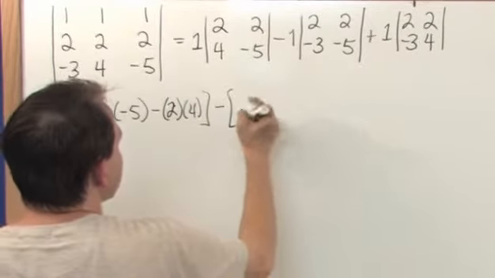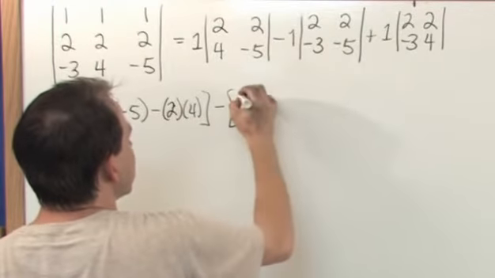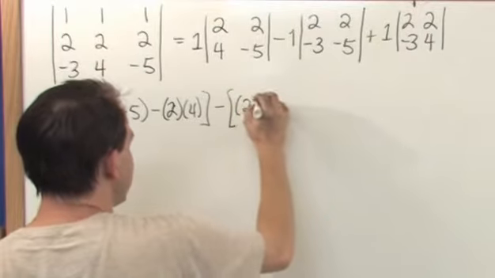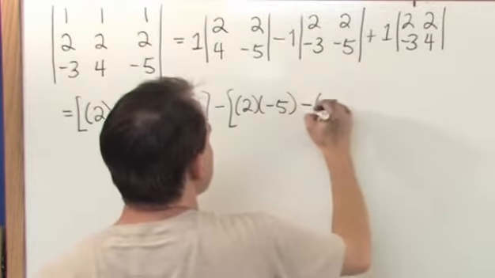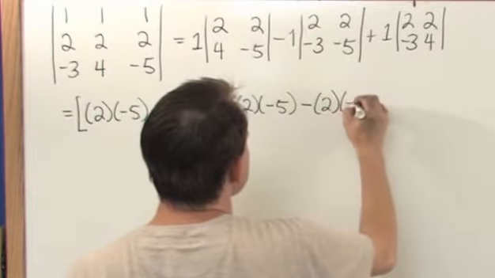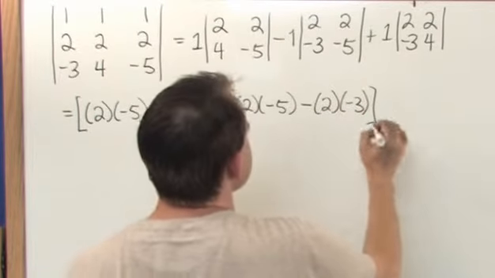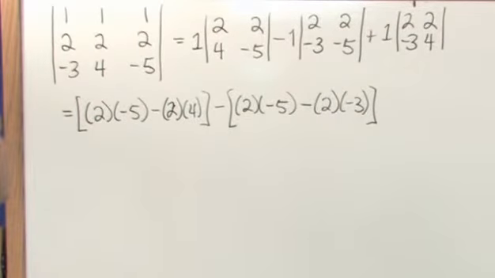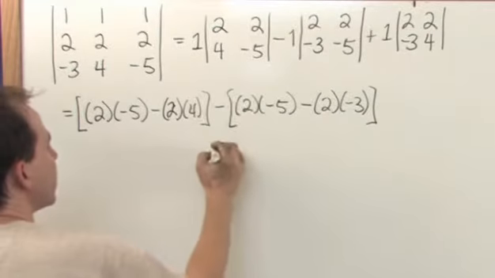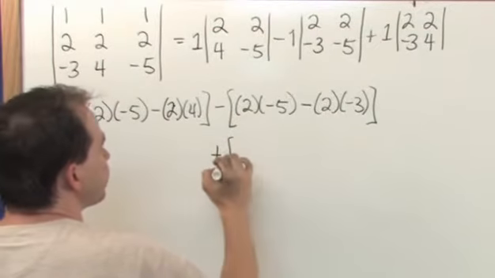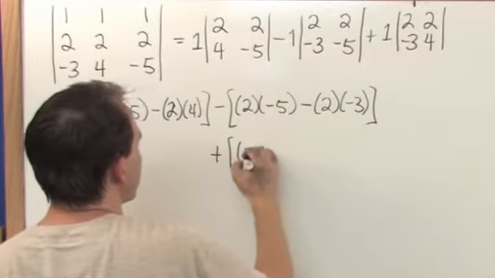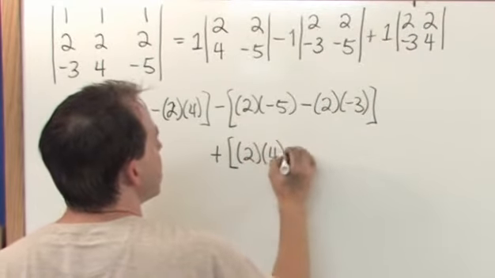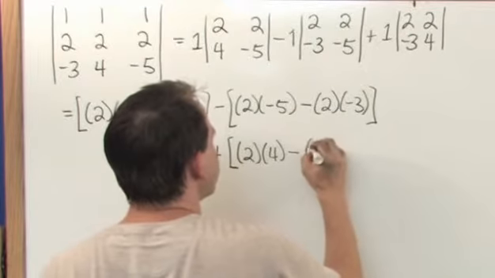Minus the one here, which is like an x, 2 times negative 5 minus, going this direction, 2 times negative 3. Okay? That's going to be that one. And then the third one I'm just going to write down underneath, plus this one right here, going like an x, 2 times 4 minus 2 times negative 3.